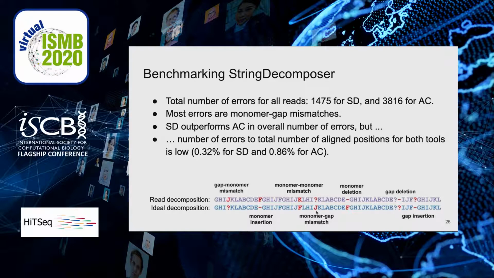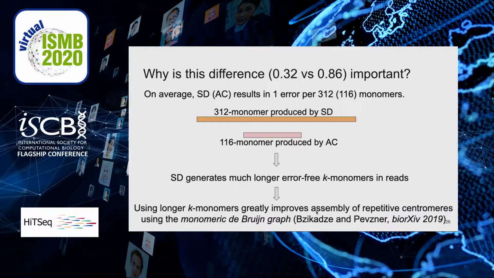Though String Decomposer outperforms Alpha Centauri in number of errors, the total percent of errors is very low for both tools: 0.32 for String Decomposer and 0.86 for Alpha Centauri.